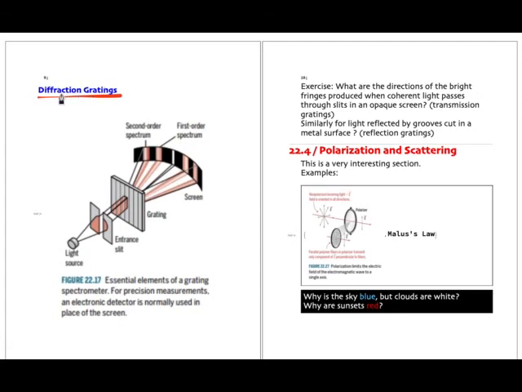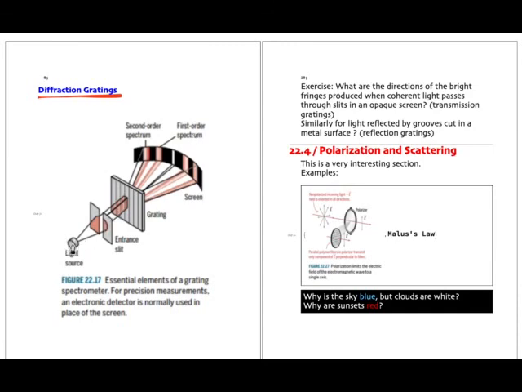So you have coherent light passes through a large number of slits in an opaque metal material. So you have an opaque metal plate, you cut narrow slits through the plate, and you have multiple openings that the light can pass through.